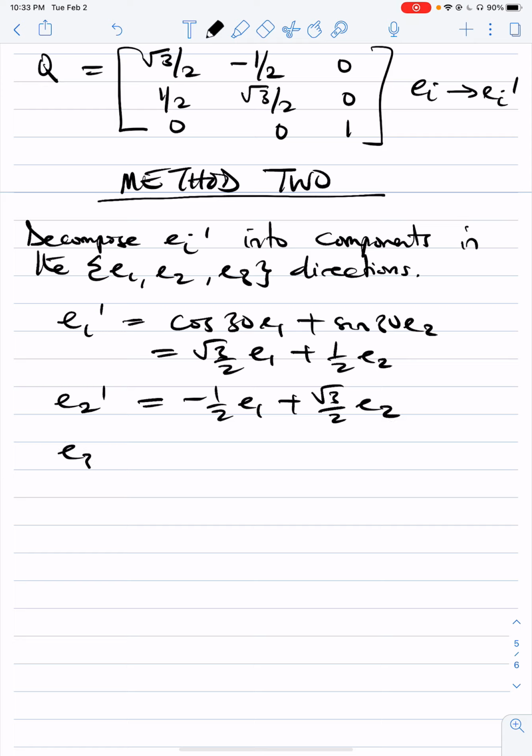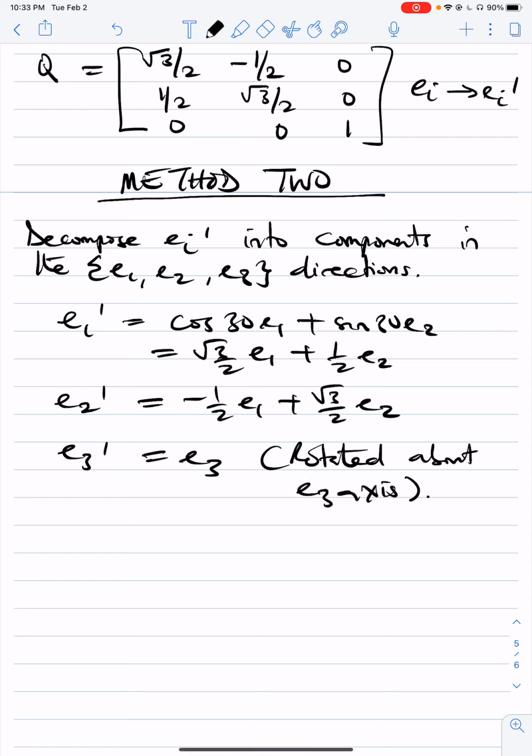E3 prime is the same thing as E3 because it was rotated about the E3 axis. If you look at this, it's just algebra in the sense that you are finding the horizontal component and the vertical component. But this was rotated about this, so we just have one, we don't have a component.